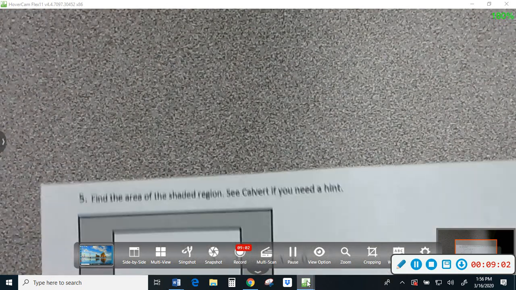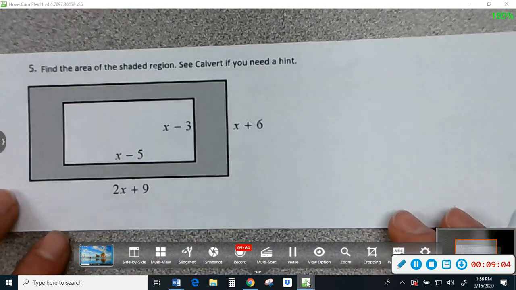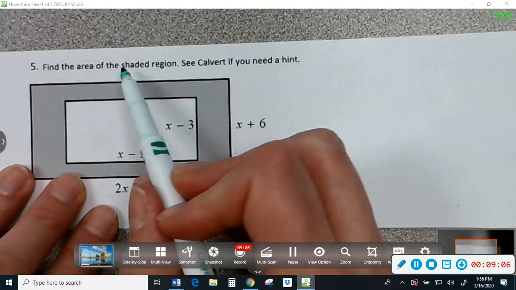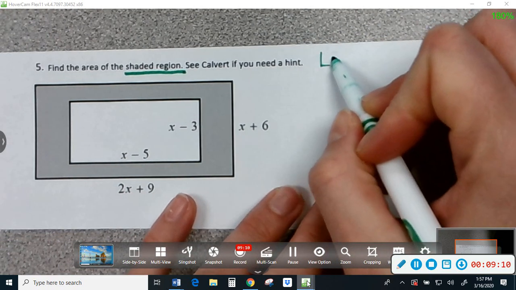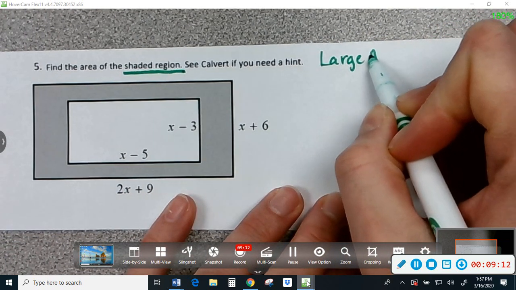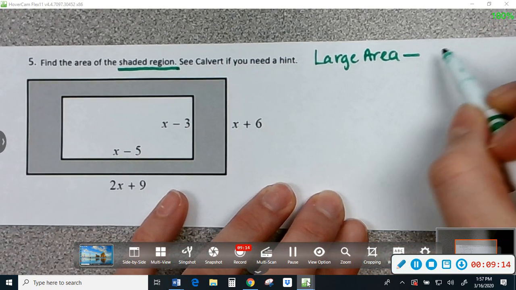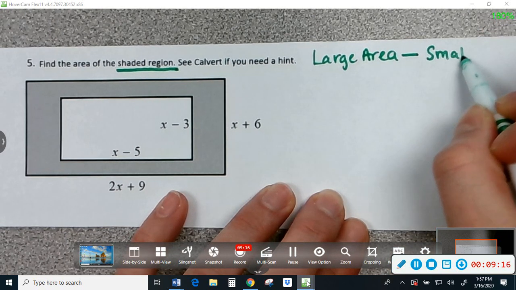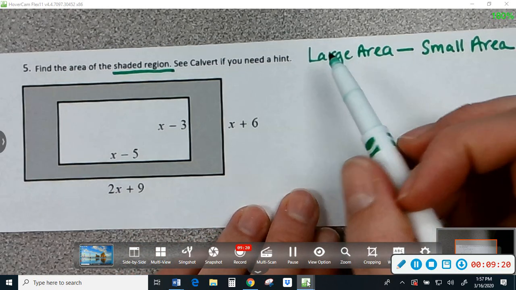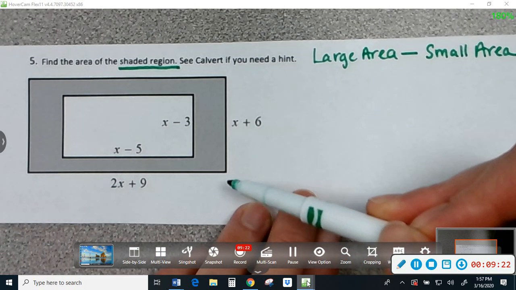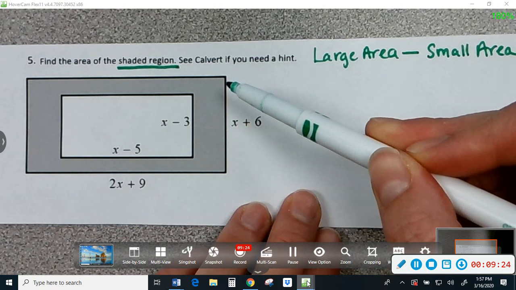All right, lastly, number 5 is another shaded region problem. Okay, and again, you are going to want to take the large area and subtract the small area. Okay, so the large area means that you're going to take length times width of the large rectangle.